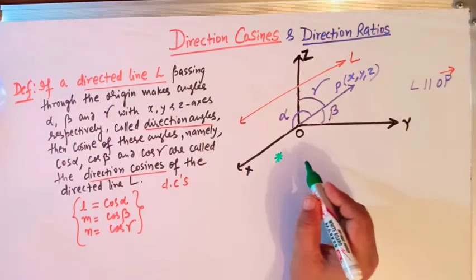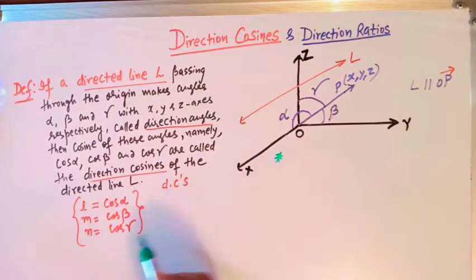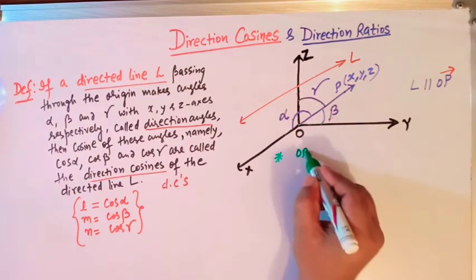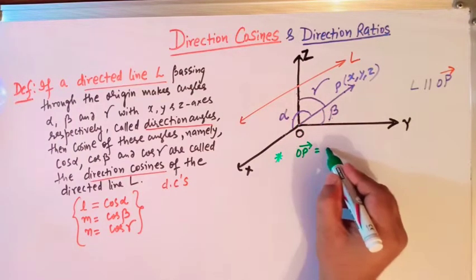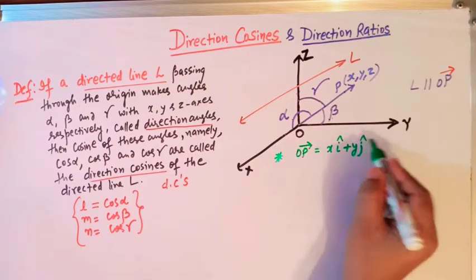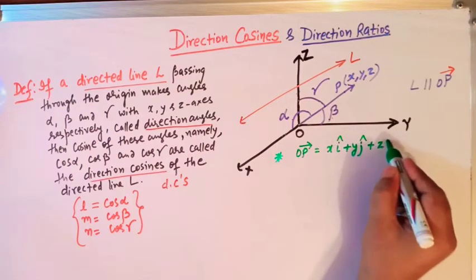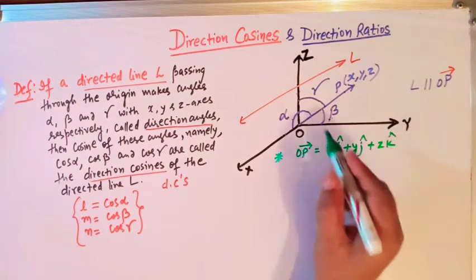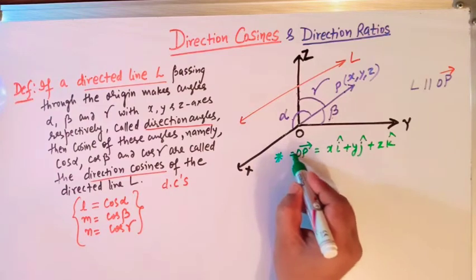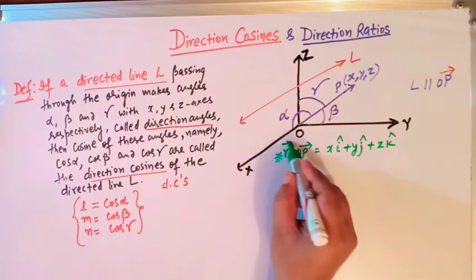Now viewers, let us move further. Here we have the vector OP. See, the vector OP is given by x i cap plus y j cap plus z k cap, right? And let us say this OP is vector r, right?